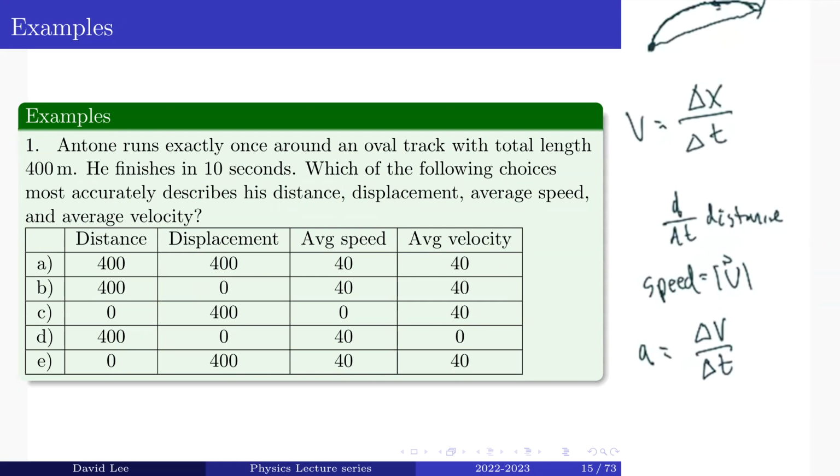In this question, he starts and ends at the same point, which means that the displacement is actually zero. Now, what about average speed? Average speed would be the distance divided by time, so that's 40. And average velocity would be the displacement divided by time, so that would be 0.